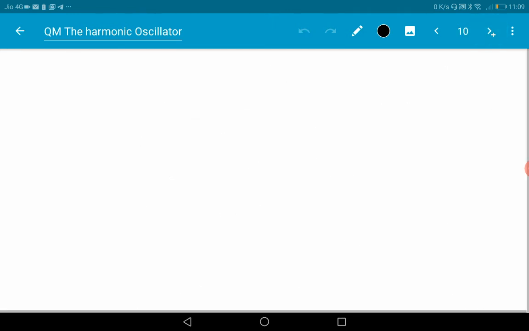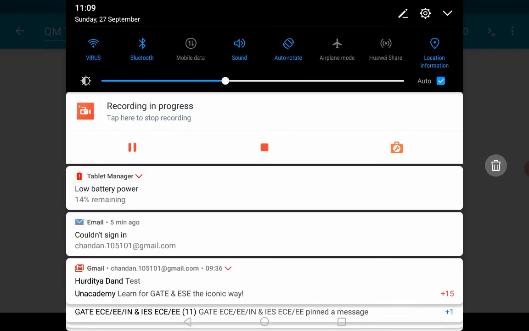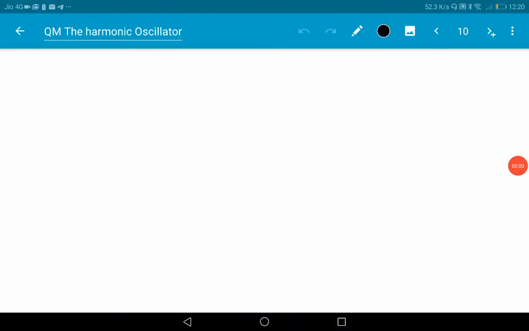Let me show the other way to solve the Schrodinger equation for the quantum harmonic oscillator.